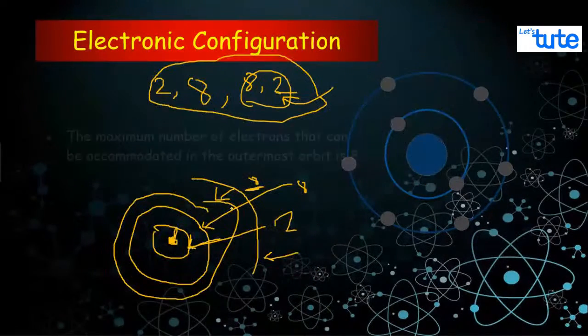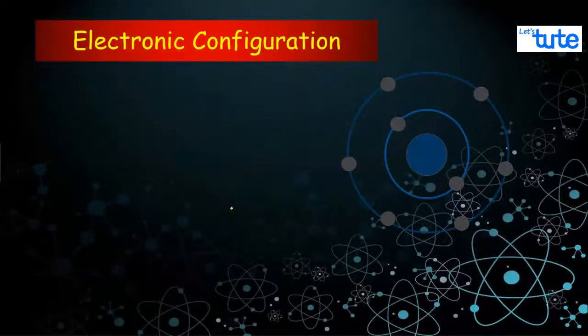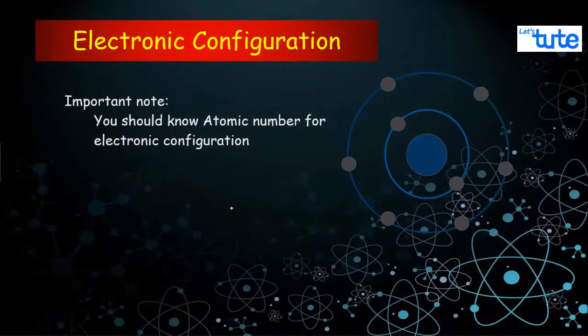So let's move to our next note. You should know the atomic number for finding the electronic configuration. This is a very important point which is not given in your textbooks, and all this is written by me. To find the electronic configuration of any atom, you should know the atomic number of that atom.